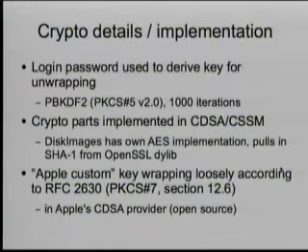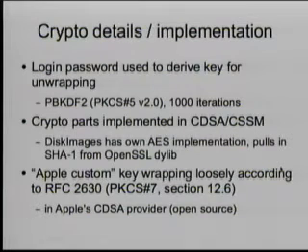So the passphrase for your file image is your normal login password. So if your login password is wrong, is weak, your file is useless as well. What they use for deriving the key for unwrapping the other keys is something called PBKDF2.